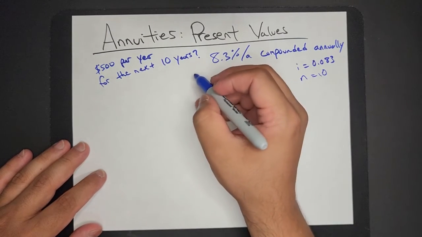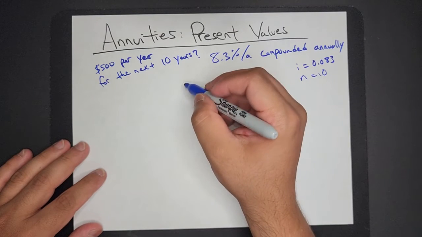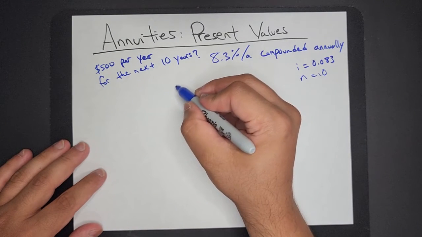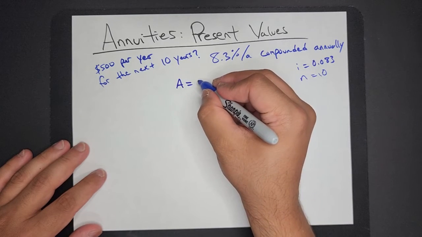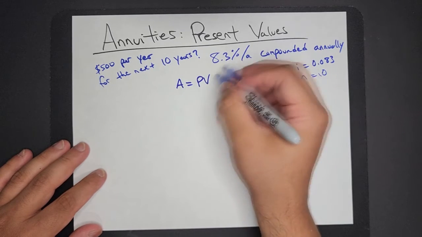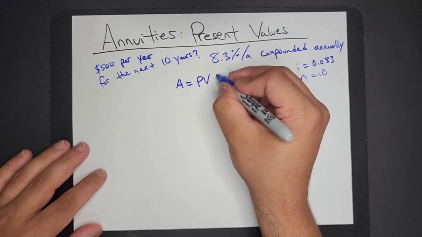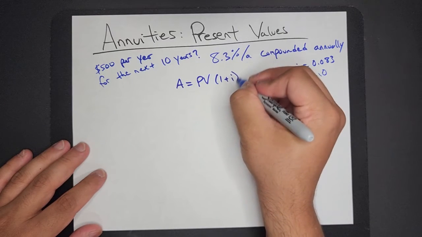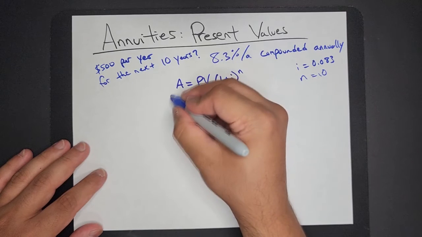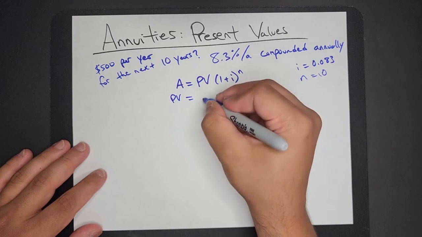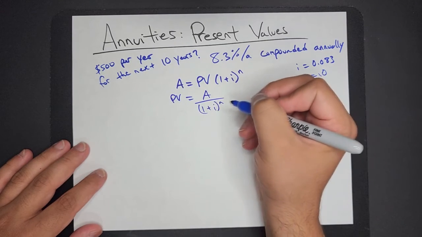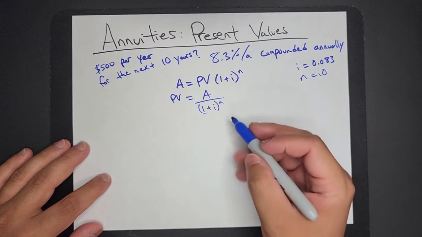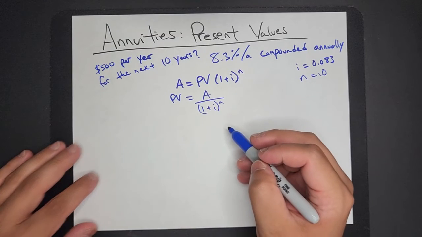So you can just pull up the formula: A is equal to PV, present value, times 1 plus i to the power of n. So present value is equal to A over 1 plus i to the power of n.